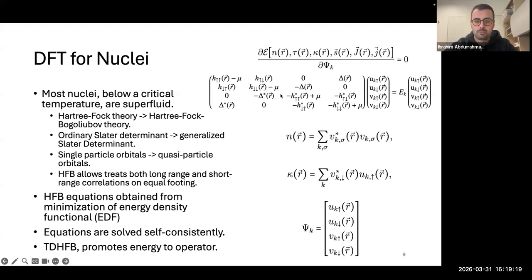And you adjust the chemical potential at each step until eventually you get the correct number of particles and your results have converged, namely the quasi-particle energies or the densities or whatever you want to look at doesn't change from iteration to iteration.